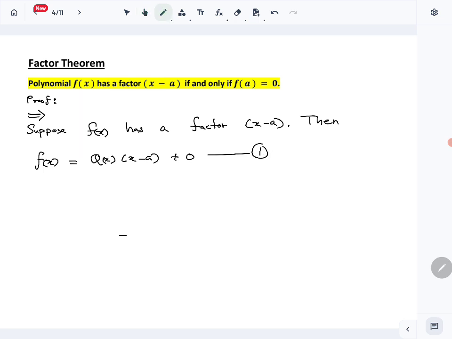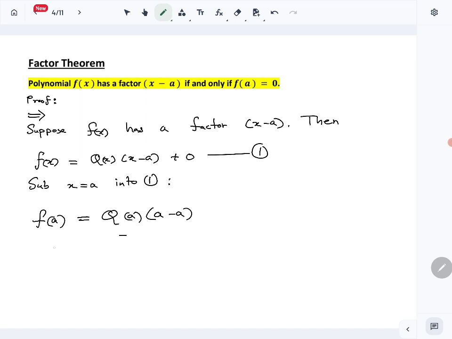Now what do we want to show? We want to show f of a is 0. So substitute x equals a into the first equation. What do you get? f of a equals q of a times a minus a.